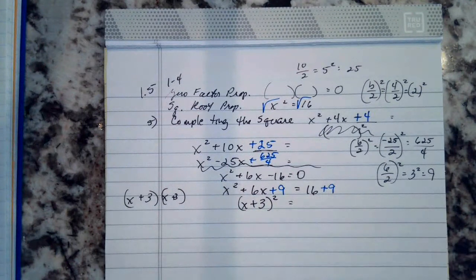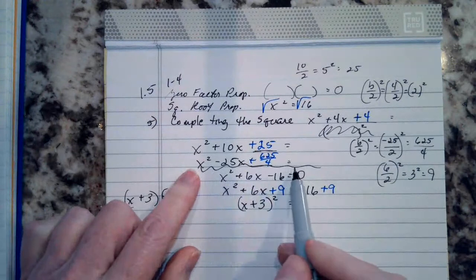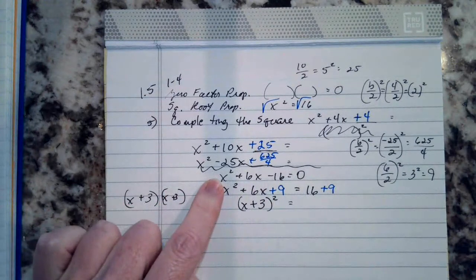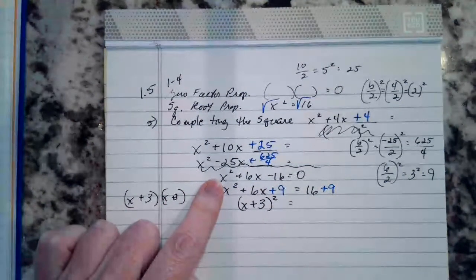Yes, Kaylina. Whenever you started the x squared plus 6x minus 16, did you start a new problem? Yes, that's why I drew this little squiggly line that tells you it's a new problem coming up. And for the negative 16, was that what the problem was before you moved it over?